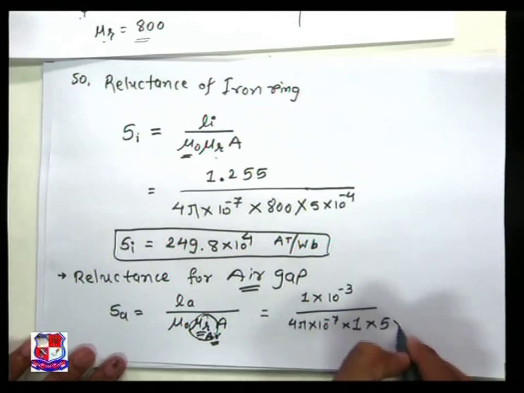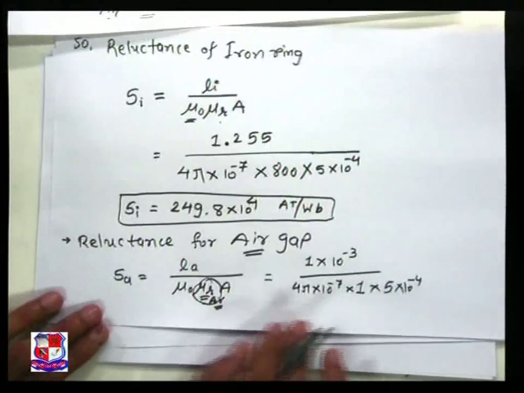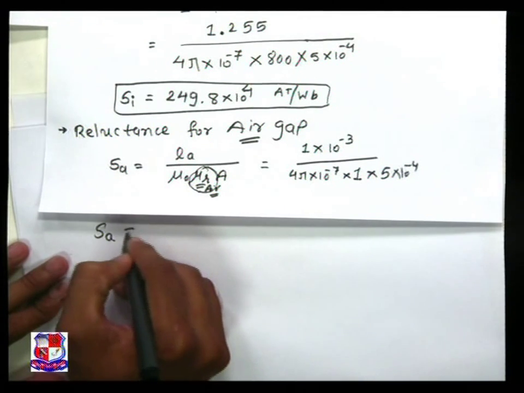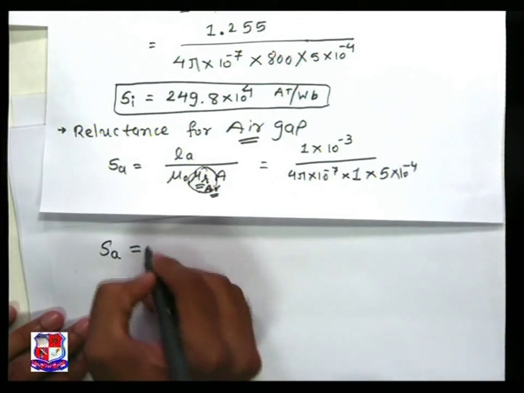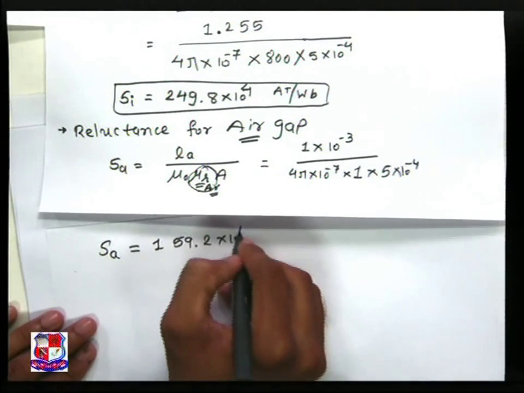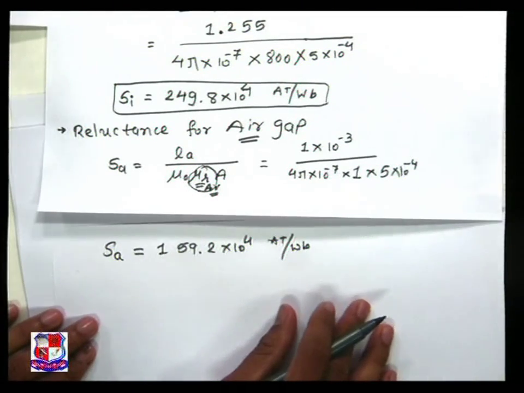And 5 into 10 raised to minus 4. Again by solving this we get SA equal to 159.2 into 10 raised to 4 ampere turn per Weber.